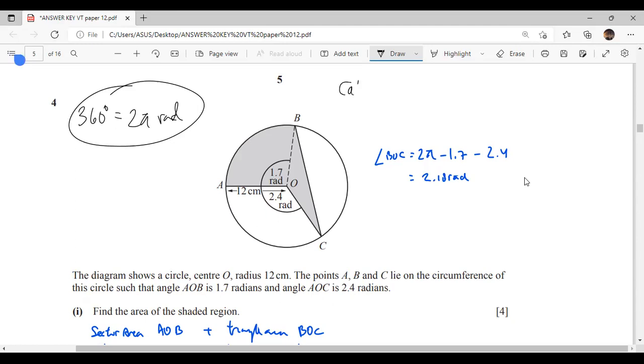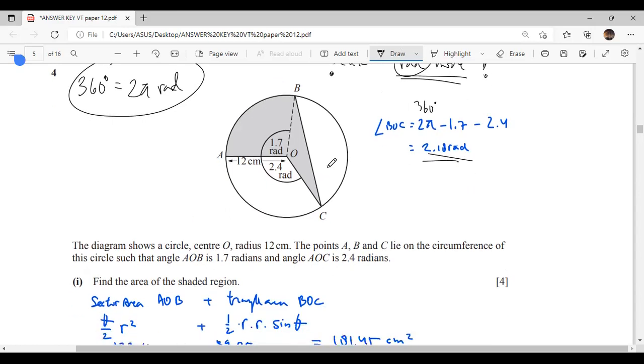You make sure that the calculator is in radian mode. Pay attention in this part. Extremely important. If you don't change the mode, you will get a mistake. Okay, 2 pi minus 1.7 minus 2.4, right? Because 360 is the total in angle. And then you get 2.18 radian here, BOC.